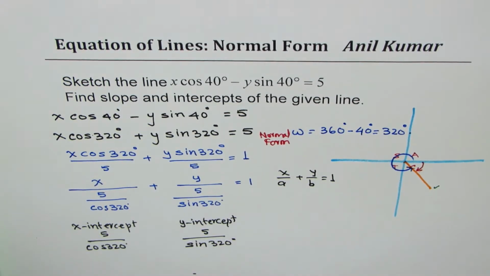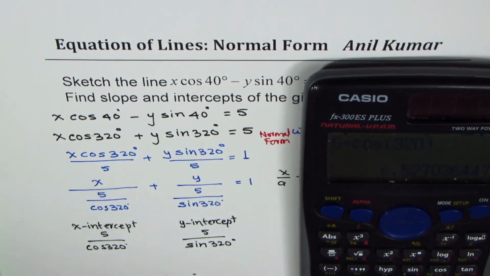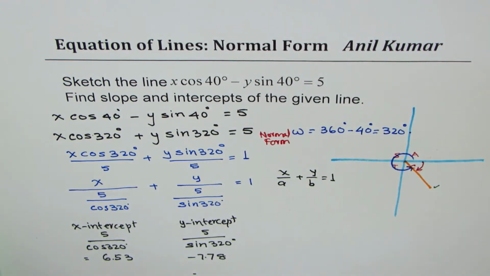So let's use a calculator to calculate these values. 5 divided by cos 320 degrees equals, rounding to 2 decimal places, 6.53. And 5 divided by sin 320 degrees is equal to minus 7.78, right? So we got the intercepts.